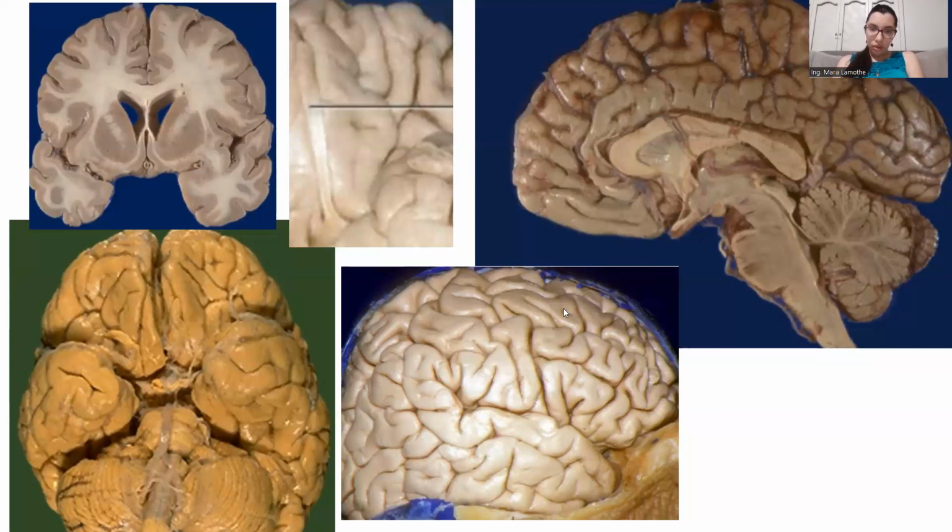In the lateral surface, we also see this is the central sulcus that divides the frontal from the parietal lobe, and the precentral gyrus is this, the motor cortex.